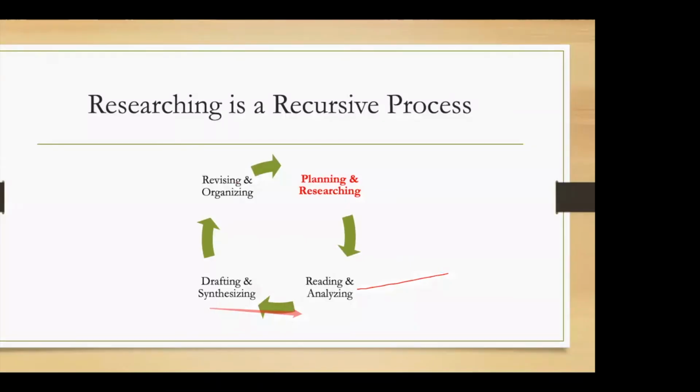Finally, we have this idea that research is a recursive process. So it's not just when you get ready to write, you stop researching, because as you're writing, you might find that you need more information on a topic. So you need to go back and research more and collect more sources. Your themes might be very vague early on.